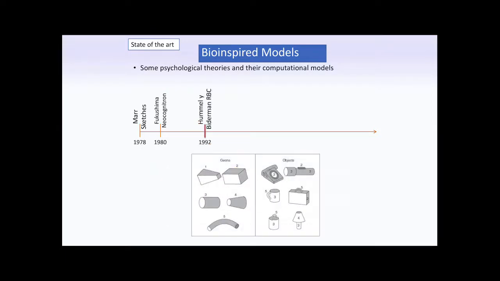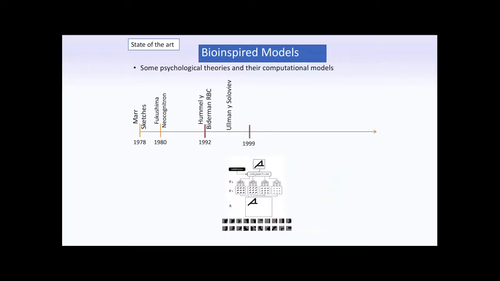There are other works that talk about geons as a way to identify objects, or the work of Ullman and Soloviev that tries to recreate some electronic aspects of how the information could be processed in a hierarchical way.